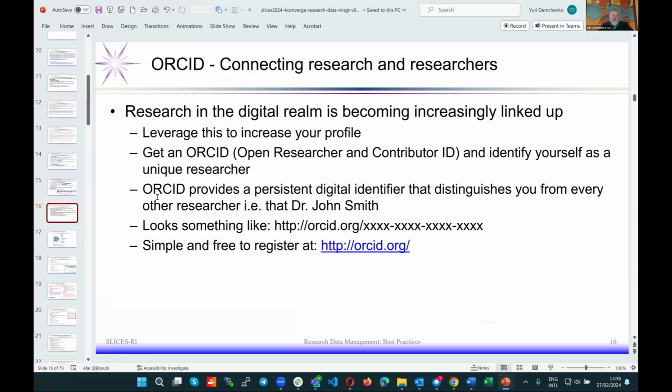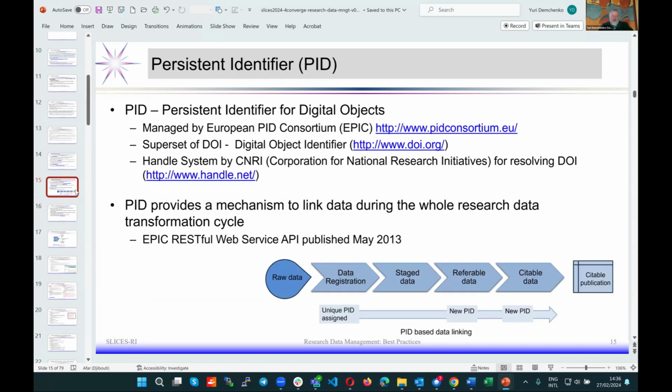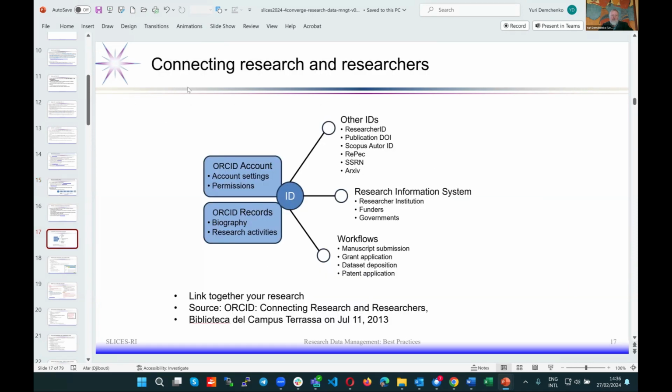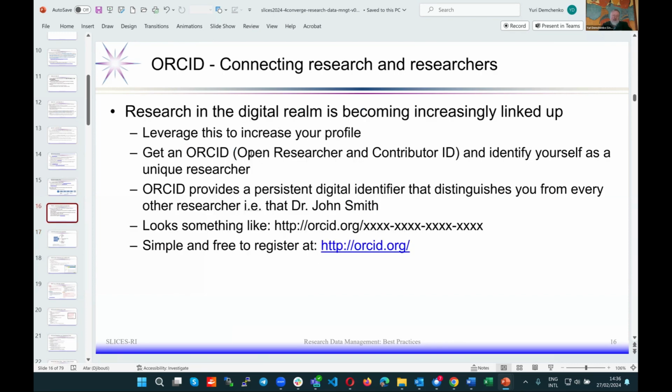Another element of the open access publication business is a research ID. Research ID allows all researchers to obtain an identifier, and this identifier is attached to all of their publications, papers, projects, and so on.